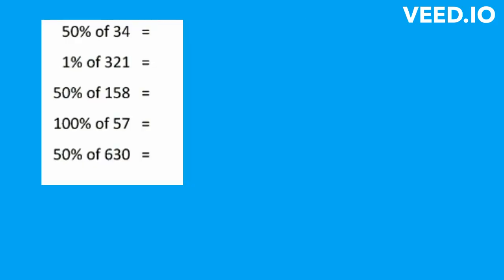So here we have a few examples. 50% of 34. 50% is always half, we know that. 50% meaning half.